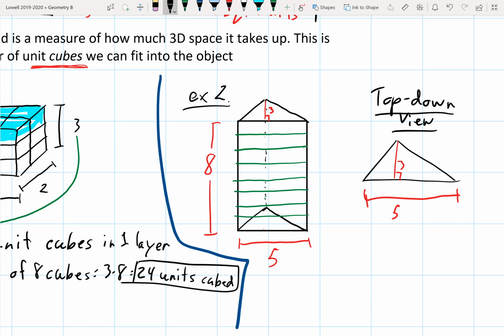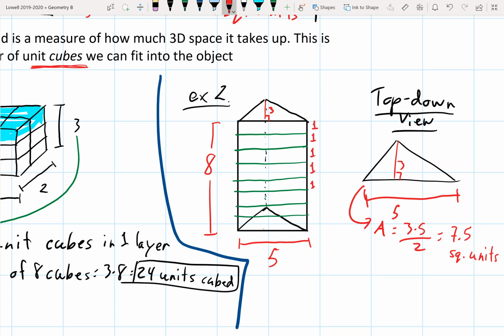If we just look at this as an area problem again, we know that the area of this is equal to 3 times 5 divided by 2, which is 7.5 square units.